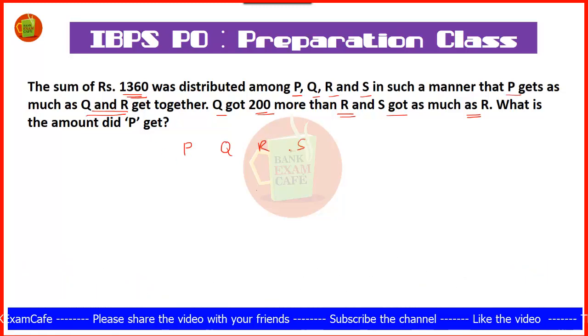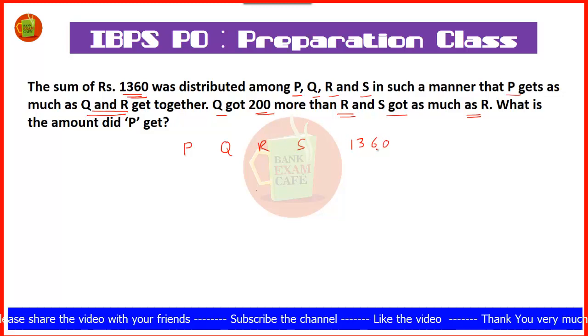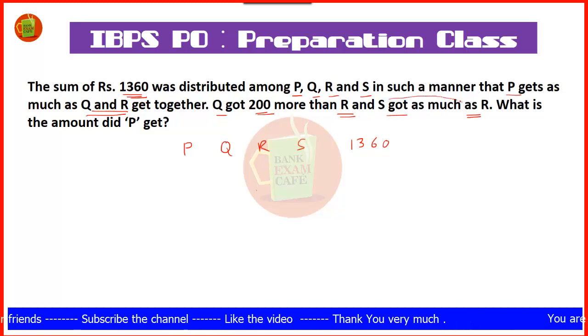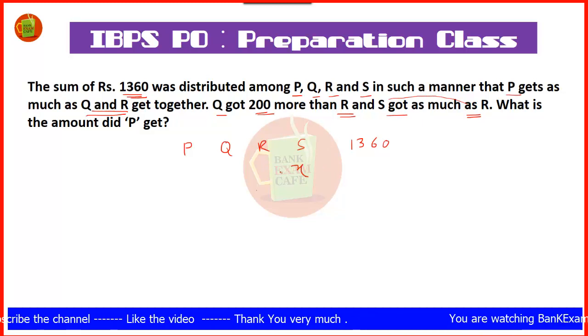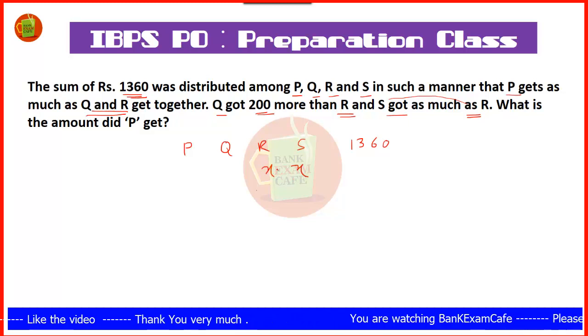There are 4 persons, P, Q, R and S, and rupees 1,360 is divided among them in such a way that S got as much as R.